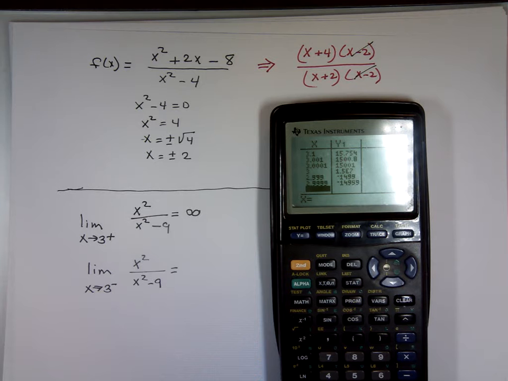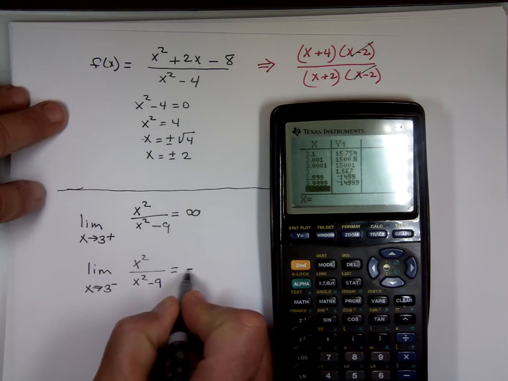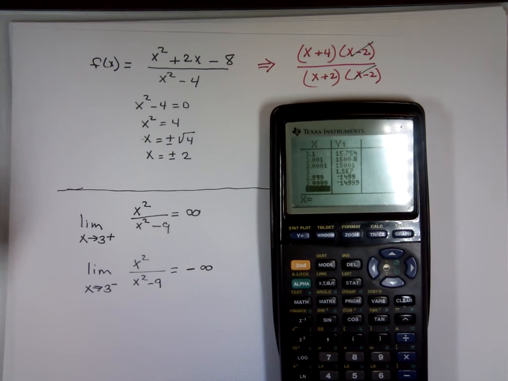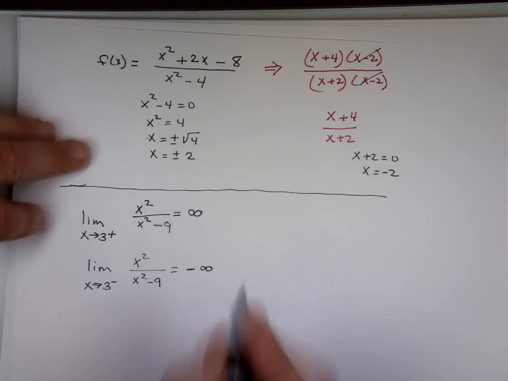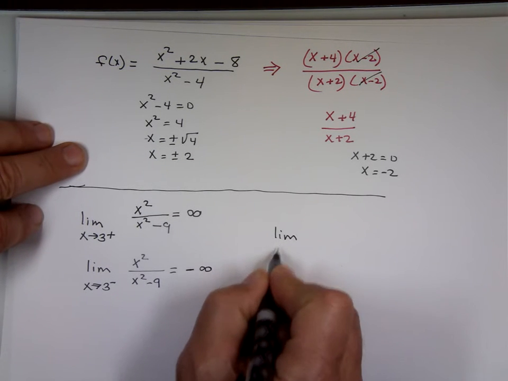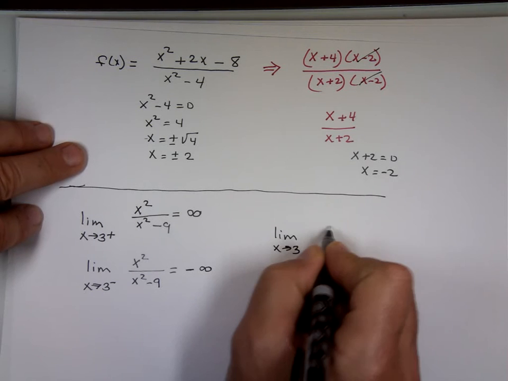Where's that number going toward? Negative infinity. So you can see from the right side is going toward plus infinity. From the left side is going where? Toward negative infinity. If we ask you for the limit as x approaches 3, then this one does not exist.